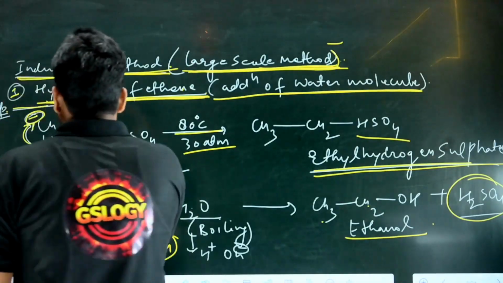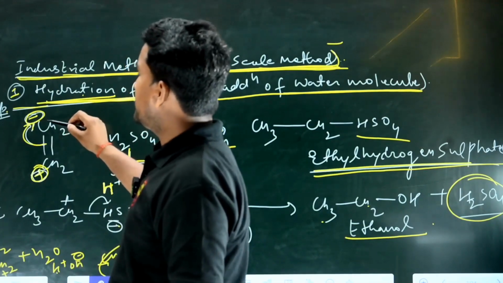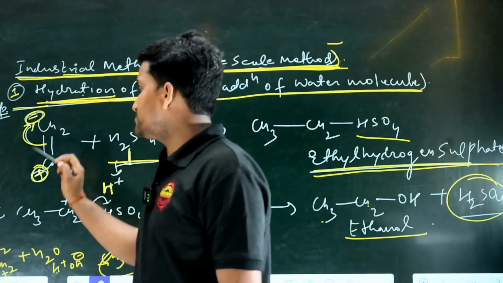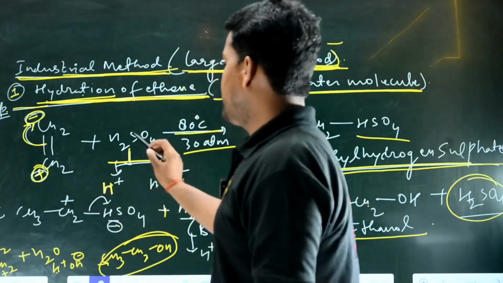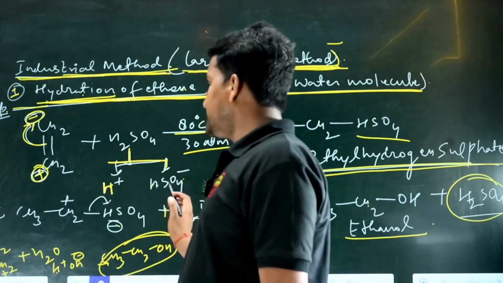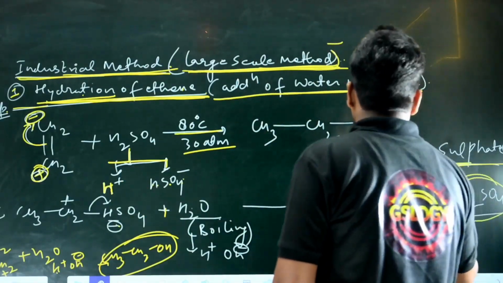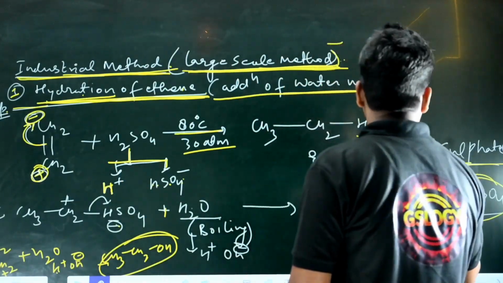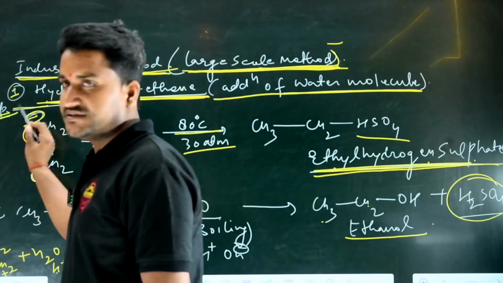When the double bond breaks, the minus bears on the CH2 and the plus also bears on the CH2, and minus will go with the plus and plus will go with the minus. Then it will form ethyl hydrogen sulfate, and it is the first step.